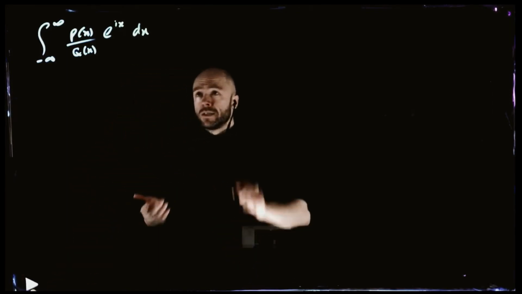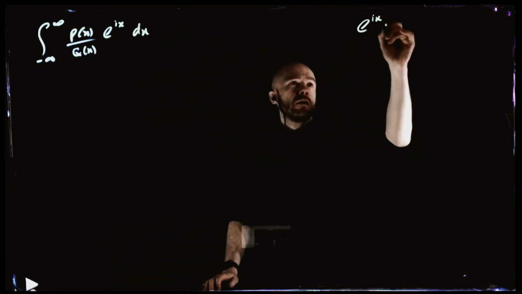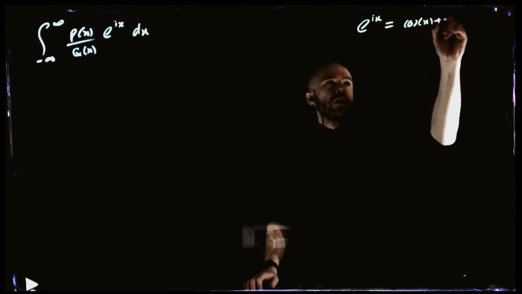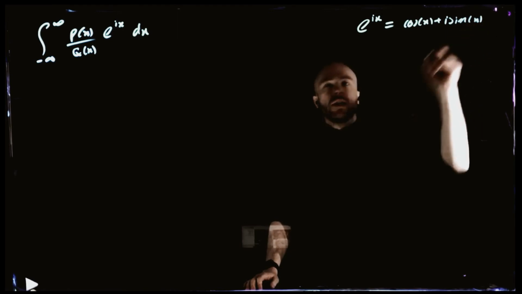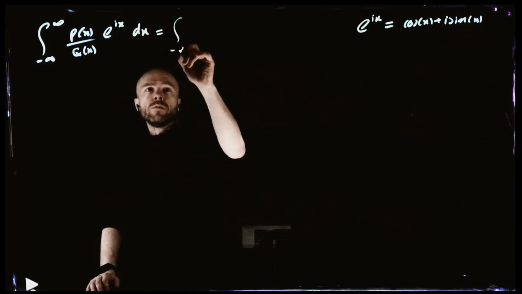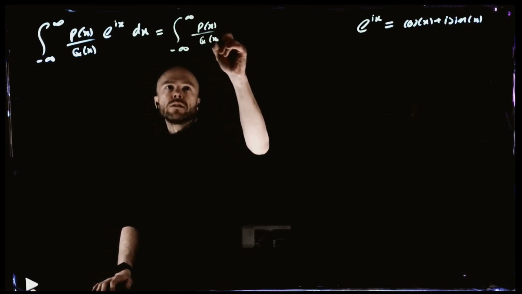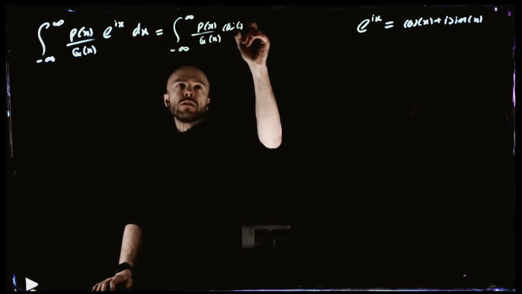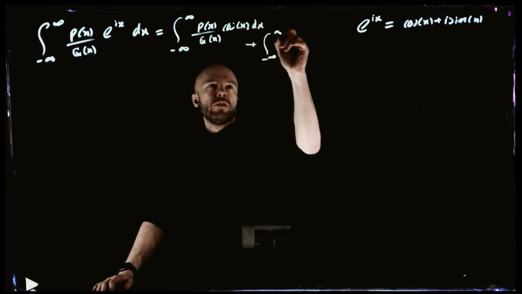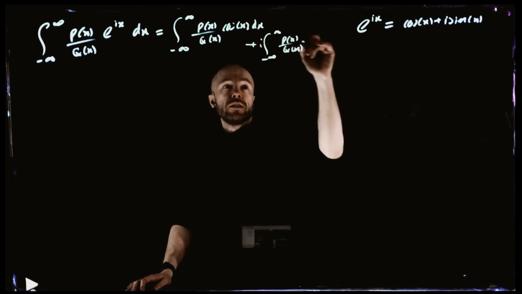Well, e to the ix we can write as cosine of x plus i sine of x. So if we calculate this, it is the same as the integral from minus infinity to infinity of p of x over q of x cosine of x dx, plus the integral from minus infinity to infinity of p of x over q of x times i sine of x.